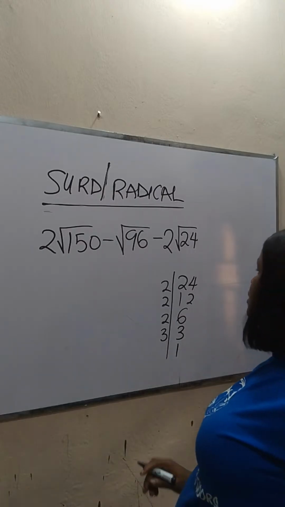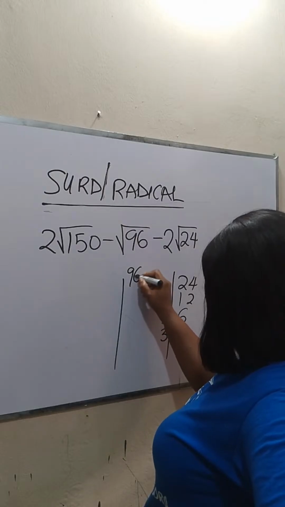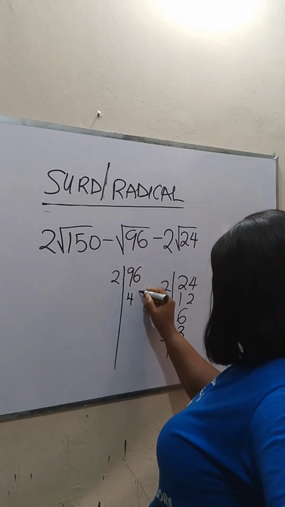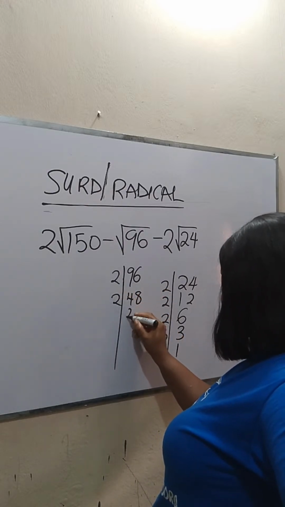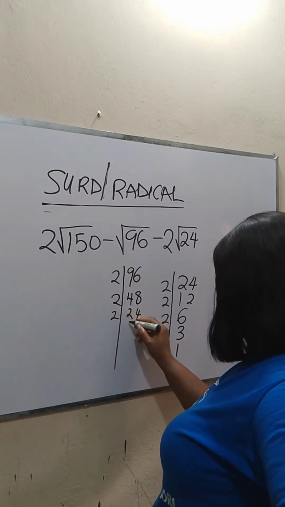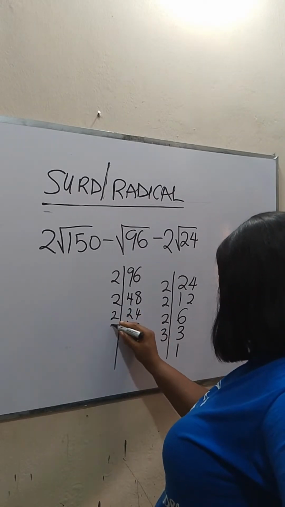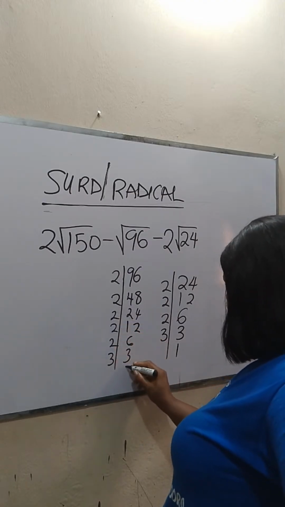All right. So we're going to do here 96 divided by 2. We have 48. Divided by 2, we have 24. Divided by 2, we have 12, 2, 6, 2, 3, 3, 1.